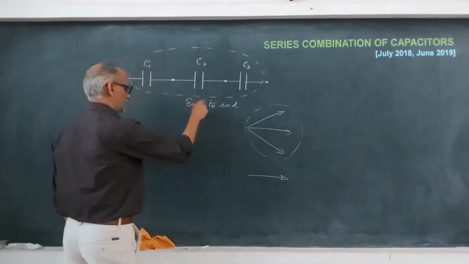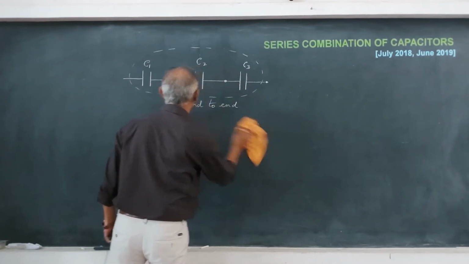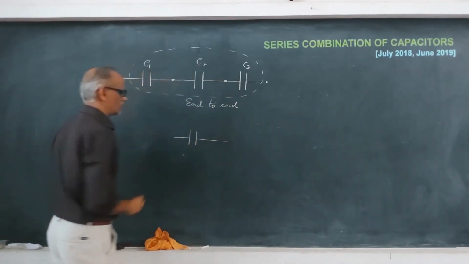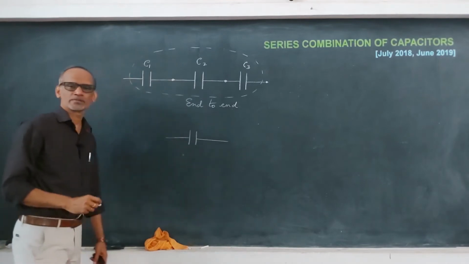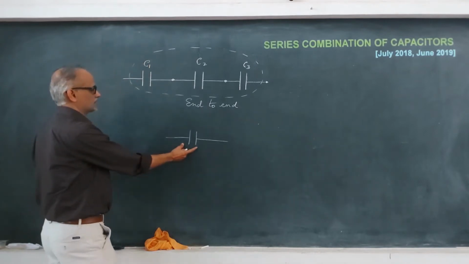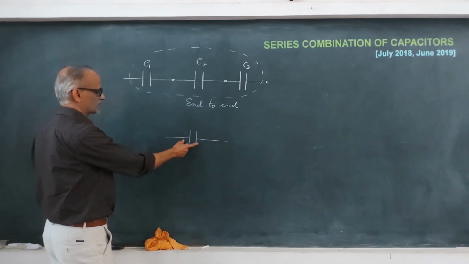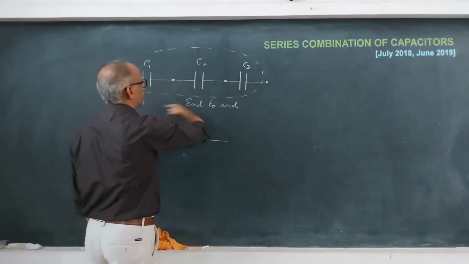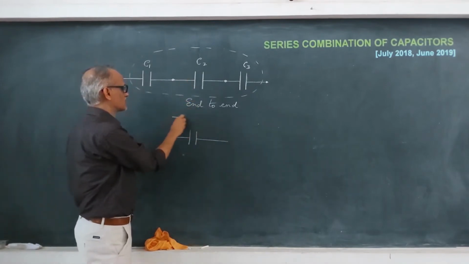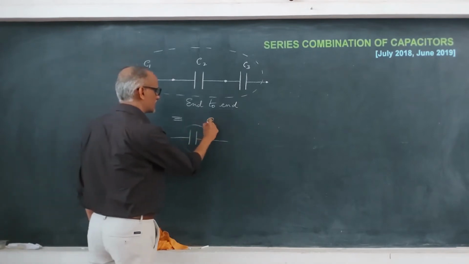Similarly, these 3 capacitors which are connected can be replaced by one single capacitor, and this is called the effective capacitor, or also called an equivalent capacitor. So, the equivalent capacitor is that capacitor which produces the same effect as that of the combination of the capacitors. So, 3 can be replaced by 1. And the effective capacity of that is CS.